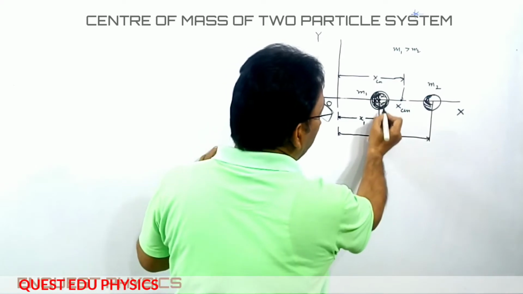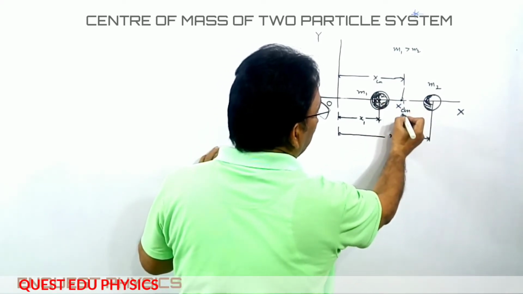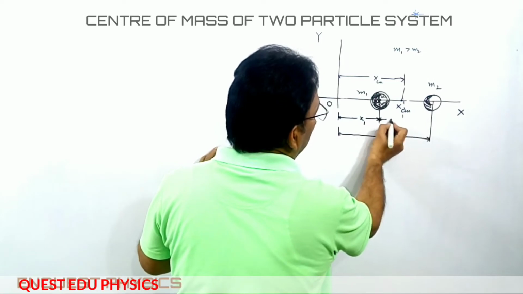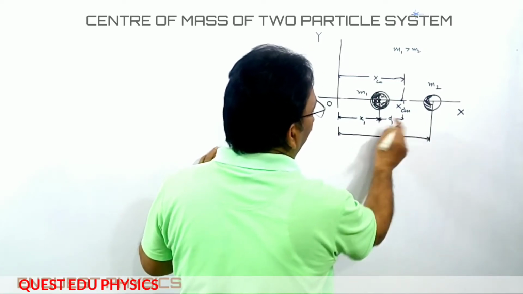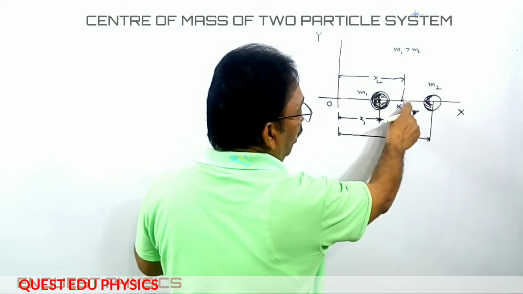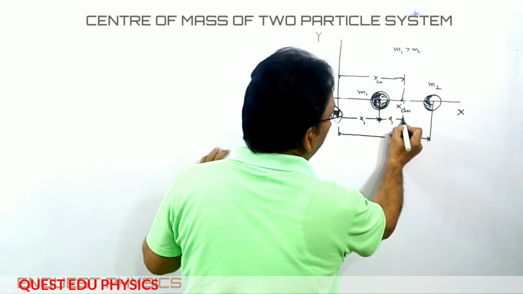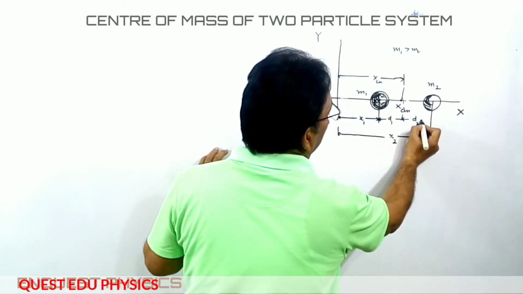Now we are locating the positions of the bodies with respect to the center of mass. Let's say D1 is the distance of the center of mass of the system from the first body, and obviously it is D2.